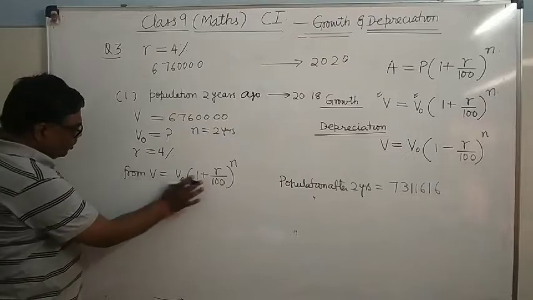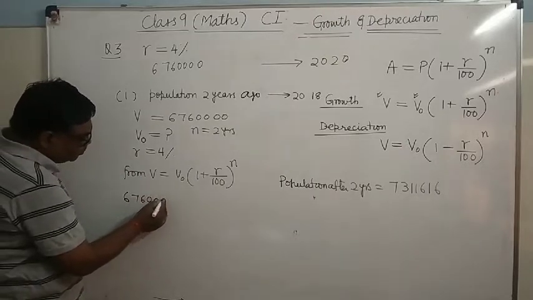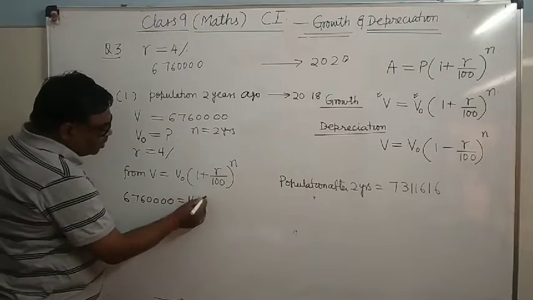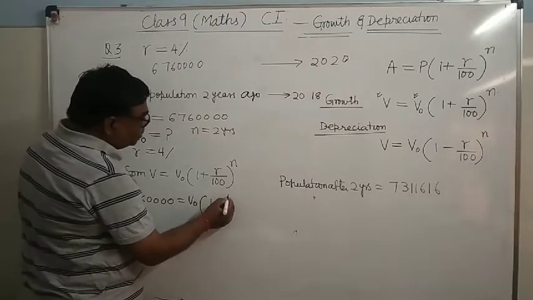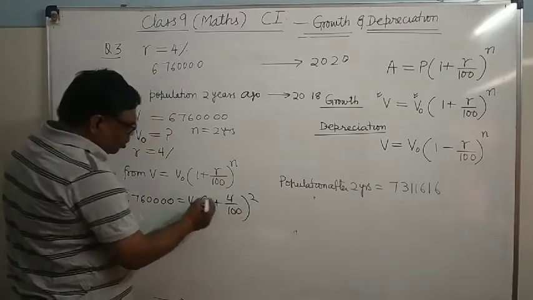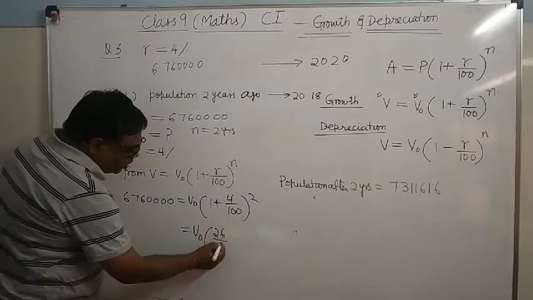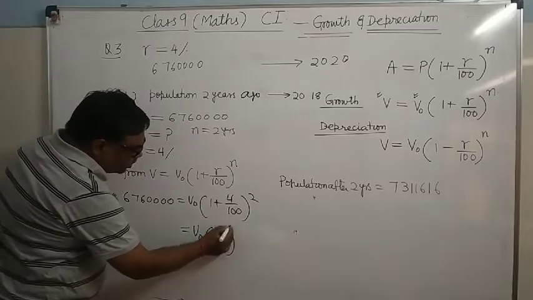So here V is given. V naught times 1 plus 4 upon 100, whole to the power 2. So directly I am writing because it is already simplified in the previous step.